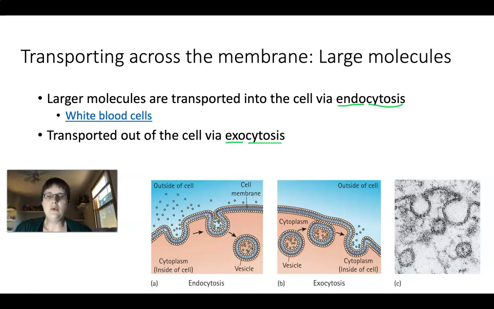Then this can be broken down or transported to wherever it needs to go. The opposite happens for exocytosis. The vesicle comes up to the membrane, it attaches to the membrane, and then pop, everybody pops out. Okay. So those are the different mechanisms for transport across the membrane.